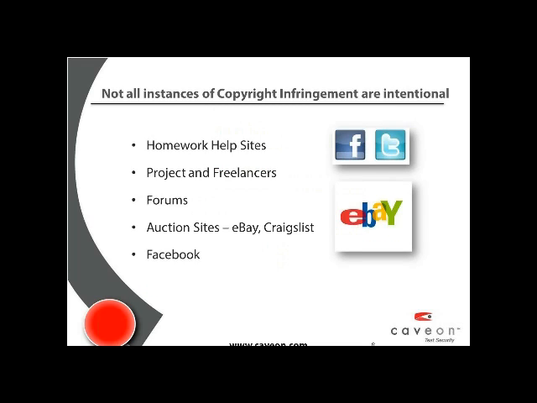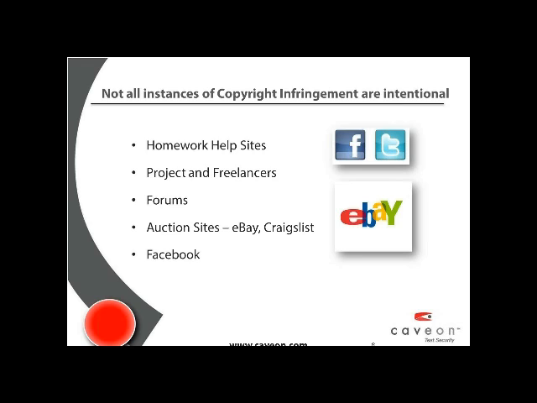Next slide, please. So those are very intentional threats to your intellectual property. However, not all instances of copyright infringement are intentional. Next slide, there we go. Not all instances are intentional, but you still have a right, of course, to protect your authored content, even if the website doesn't plan or want to steal your exam material.